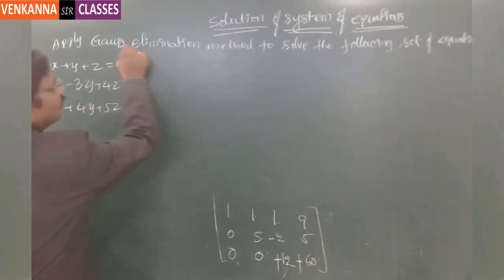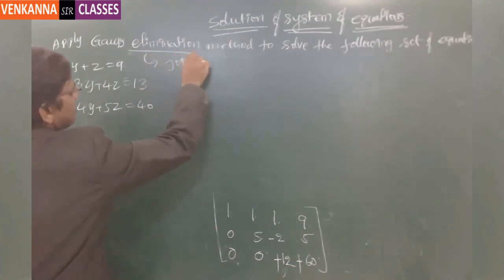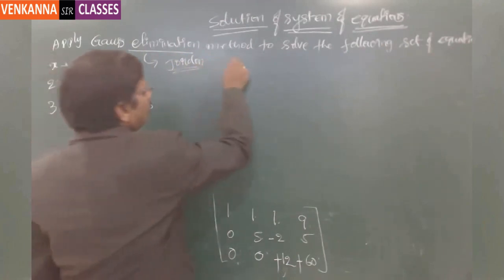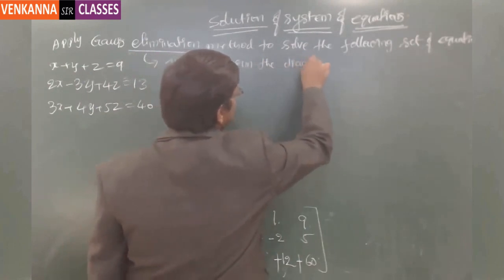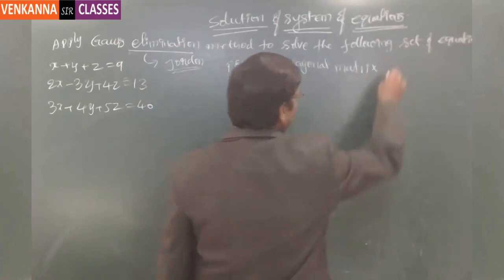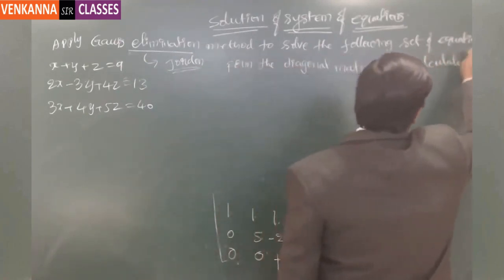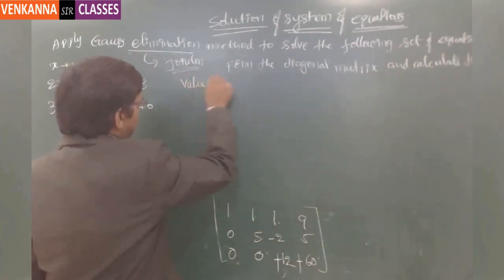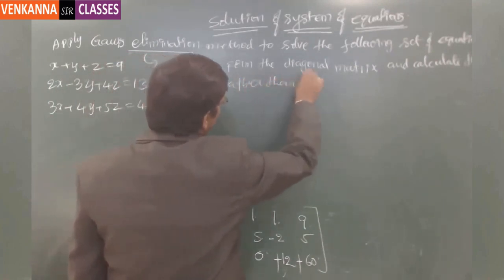For the Gauss-Jordan method, form the diagonal matrix and calculate the values rather than using back substitution.